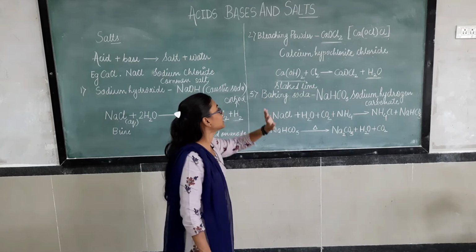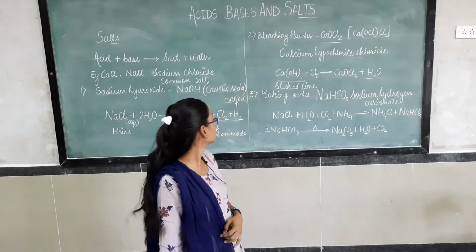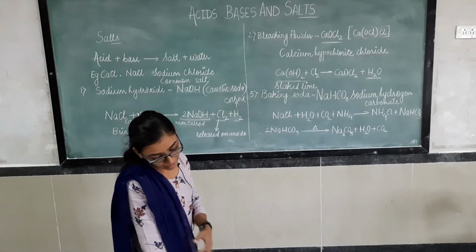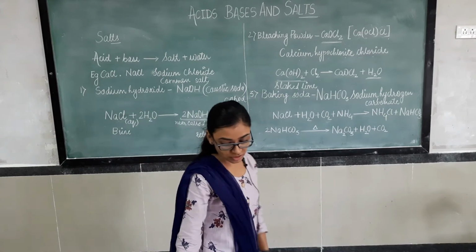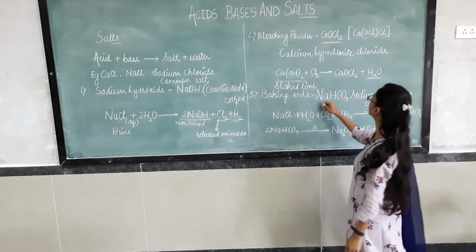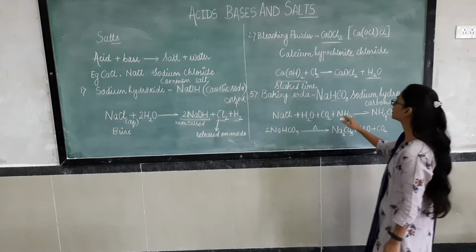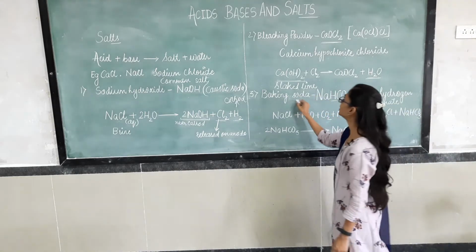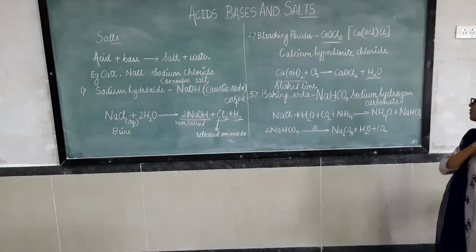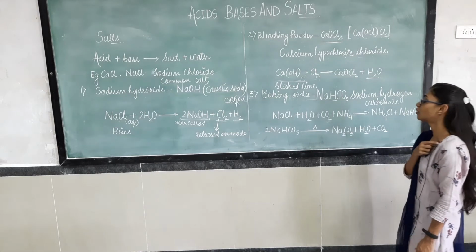Now we'll see baking soda, right? Baking soda is NaHCO3, sodium hydrogen carbonate, commonly known as baking soda. Now how is this sodium hydrogen carbonate formed?